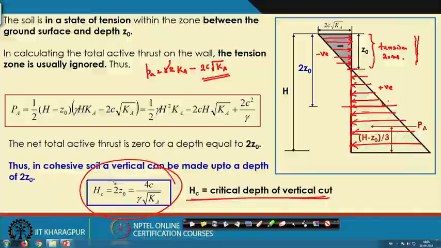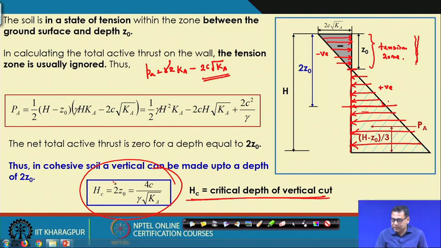This is a very common question, that you draw the earth pressure before the tension crack appears and after the tension crack occurred. What will be the earth pressure, what will be the force before the tension crack occurred and after it occurred? Before the tension crack occurred means you have to consider this negative pressure also.